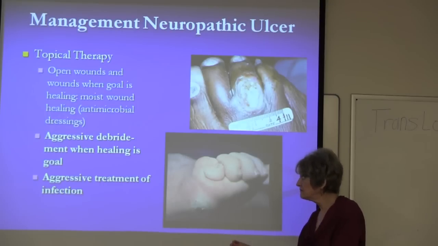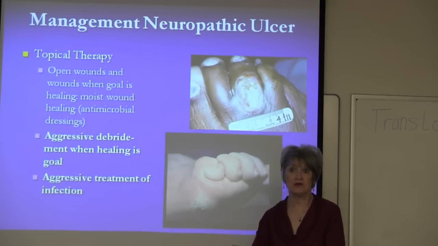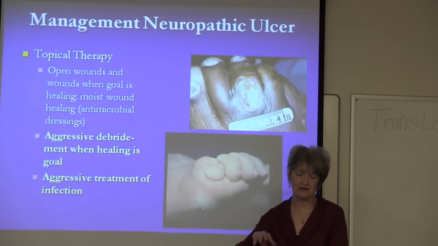Okay. If you have a wound and the goal is healing, and there's a lot of necrotic tissue in the wound bed, or it is covered with necrotic tissue with eschar, but your goal is healing, you're going to debride. There are some studies that show that with diabetics who have foot ulcers, early aggressive debridement of all necrotic tissue is associated with better outcomes.